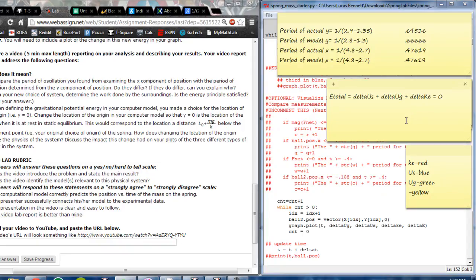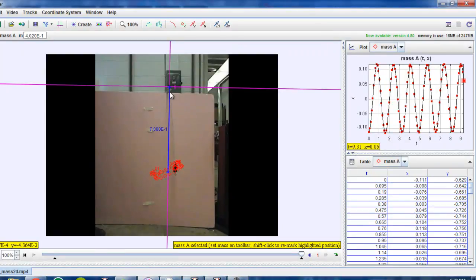Also, if you change the location of the origin, it would not change whether or not the energy principle was satisfied. It would only change possibly the sign of your different energies. So say, here we'll go to Tracker so you can see this better. Say we change the origin from here to down here. That would just change the sign of your potential energy.